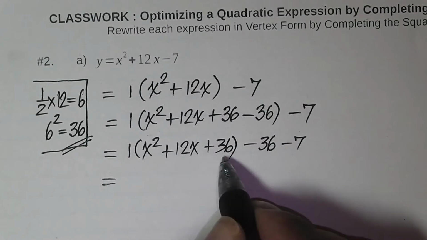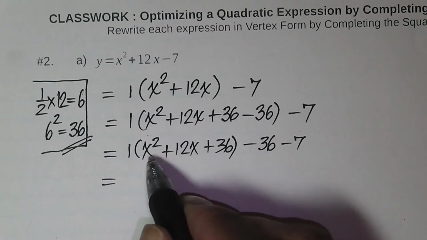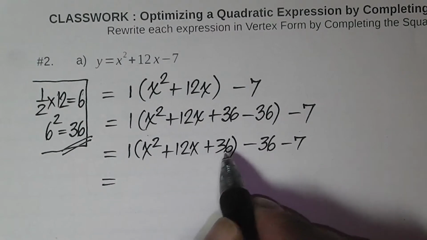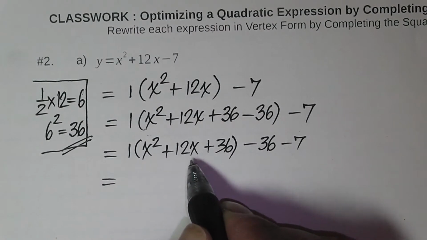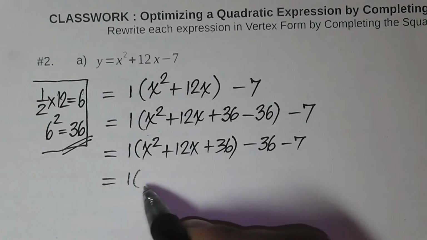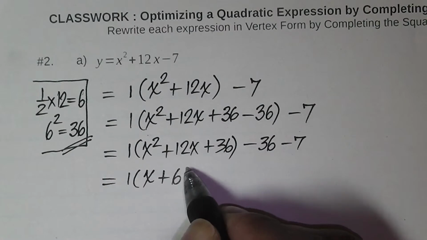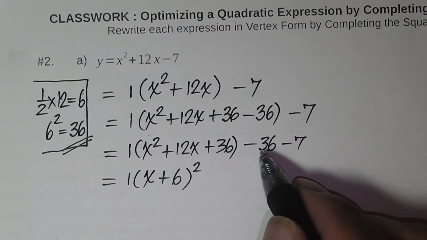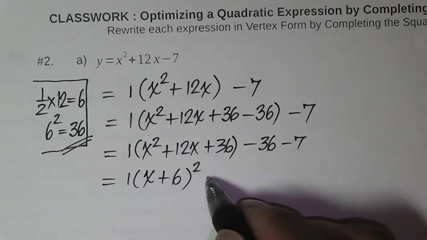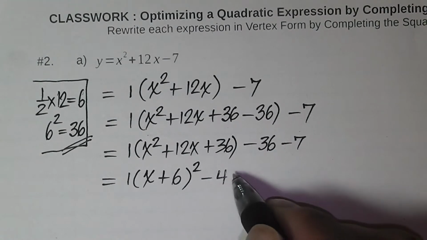These represent a perfect square trinomial. X all squared, 6 all squared, 6x times 2, 12x. So this is 1 bracket x plus 6 squared minus 36 minus 7 is minus 43.